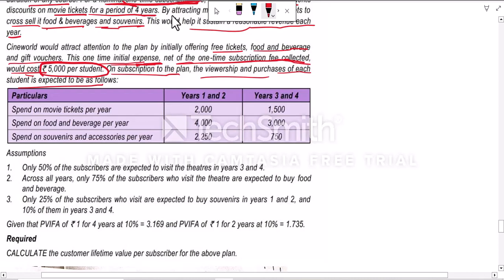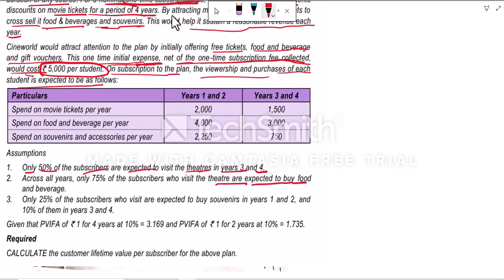They have given some notes here. Only 50% of subscribers were expected to visit the theaters in years 3 and 4. So whatever amount came in the first year, just 50% of that will come in the third and fourth years. Across all the years, only 75% of subscribers who visit the theater are expected to buy food and beverage.